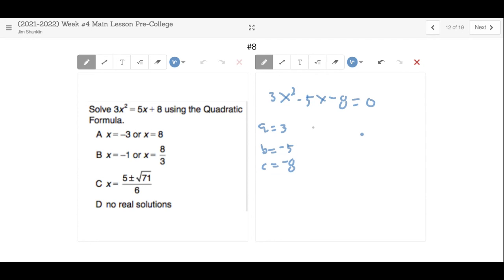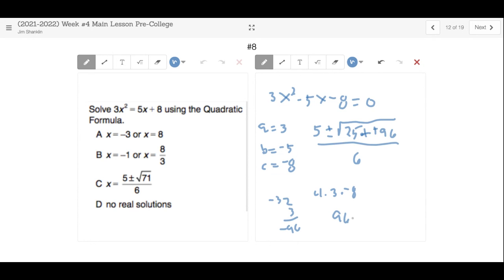Negative B, so negative 5 is positive 5, plus or minus the square root of negative 5 squared, which is 25, minus 4 times A times C. So what is that going to be? Negative 32 times 3, so that's negative 96, all over 2 times 3, which is 6.